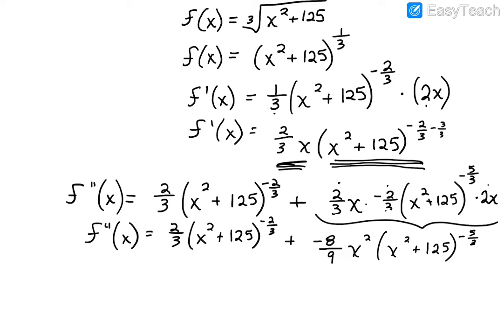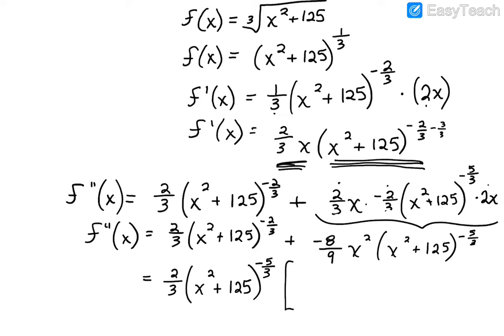So you'll notice that we can say that both terms have a factor of 2/3 in common. And then we could say that both terms have a factor of my x squared plus my 125 to the negative 5/3 in common. And so then we put our leftovers with what's inside.